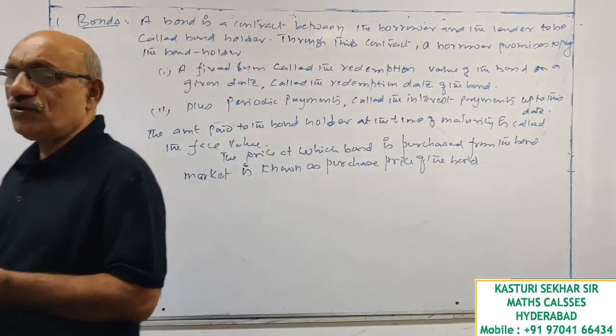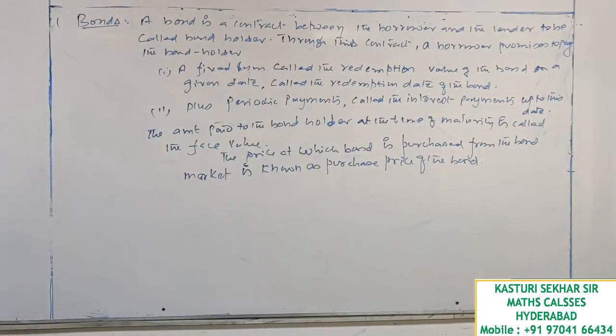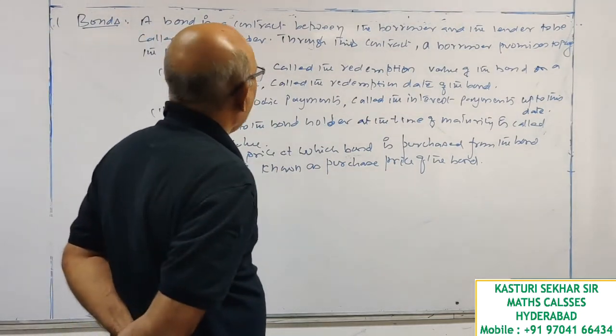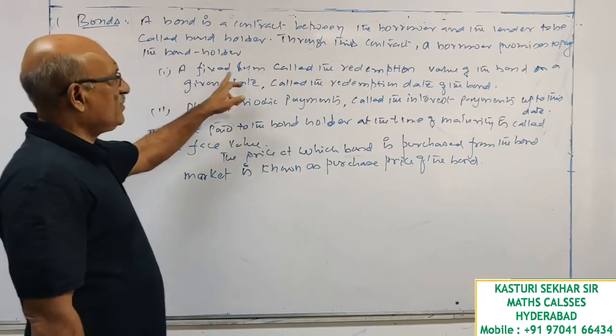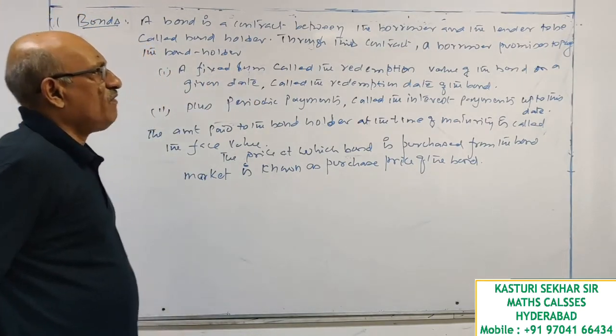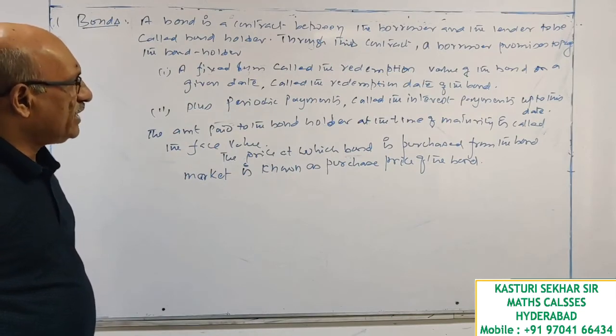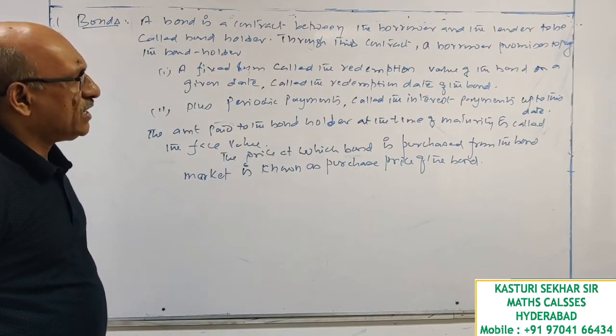So these are the points you have to remember. Look at this point once again. A bond is a contract between the borrower and the lender to be called as bondholder. Through this contract, a borrower promises to pay the bondholder a fixed sum called the redemption value of the bond on a given date, called redemption date of the bond.